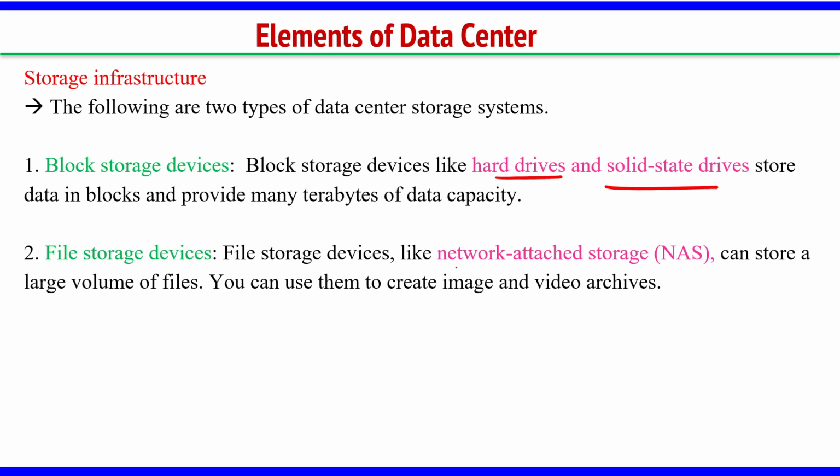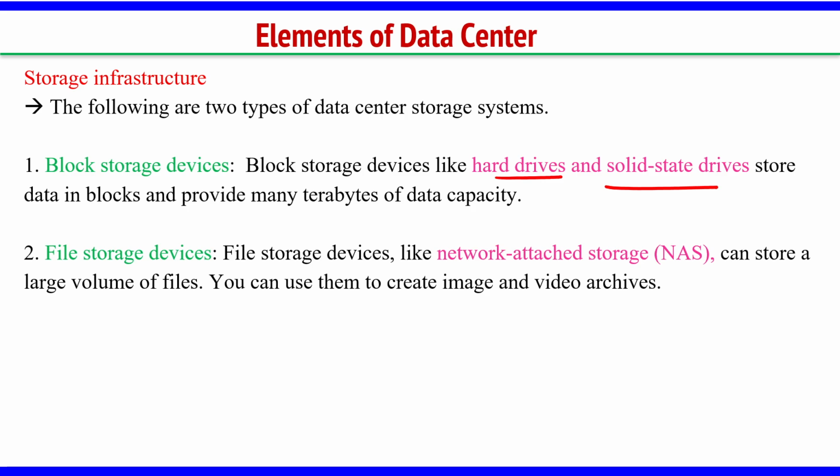File storage devices like network attached storage, NAS, can store large volumes of files. For example, CCTV footage is continuously recorded in a lot of big cities in India, and they use this NAS storage. They store the recordings, videos and images.